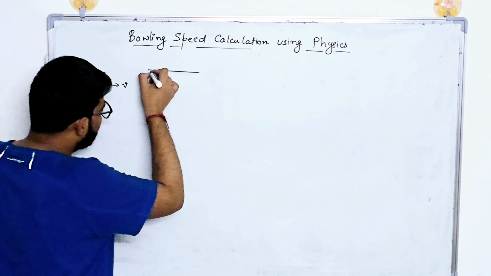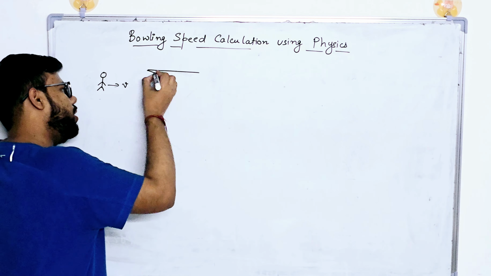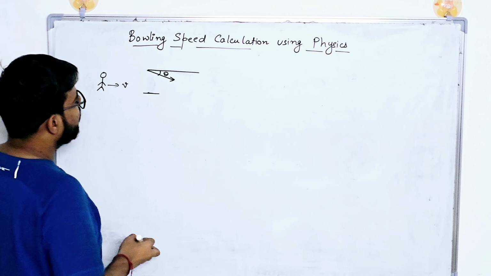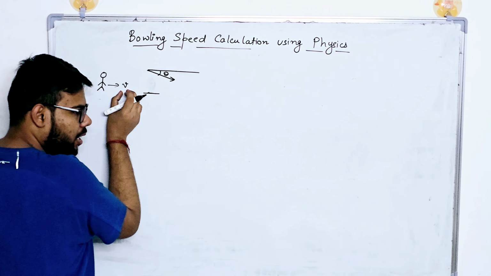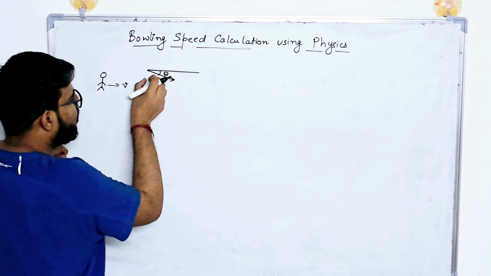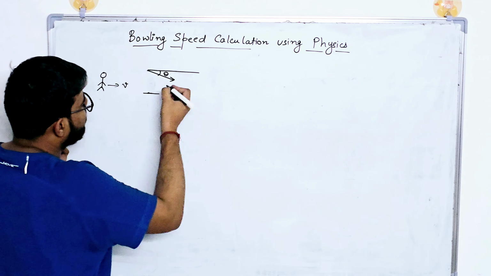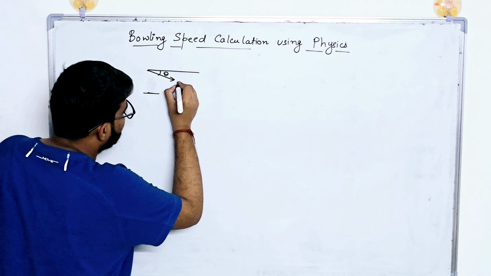So this was suppose the line, and I threw it at an angle theta, right? Okay. Now notice that this was the original velocity which I was carrying, right? This velocity will be transferred to this ball, right? Of course.